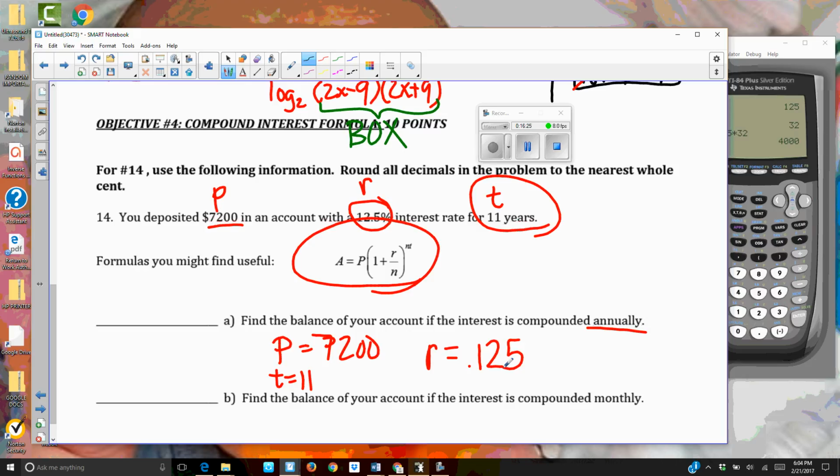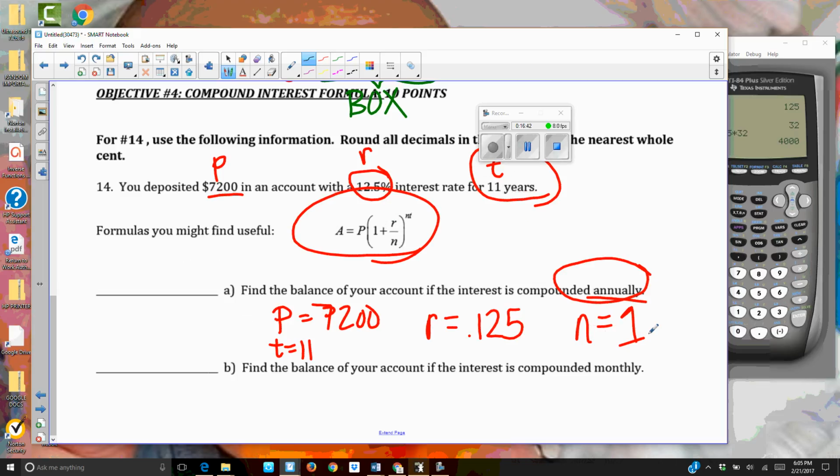N is really the only thing that changes in these problems. And that's the number of times the account is compounded. So this one's compounded annually, so that means it's compounded once a year. The only difference in letter B, they say it's compounded monthly, so it is going to be 12 for that problem.